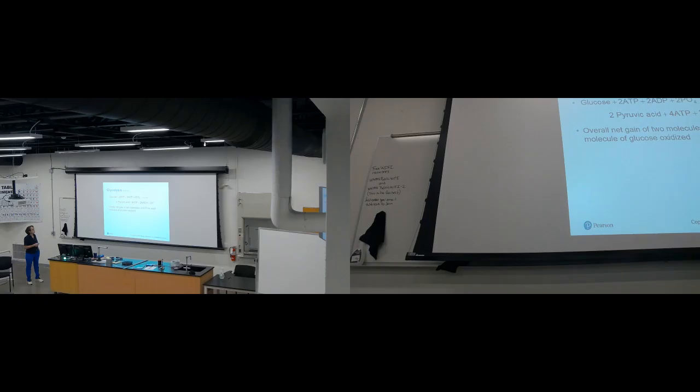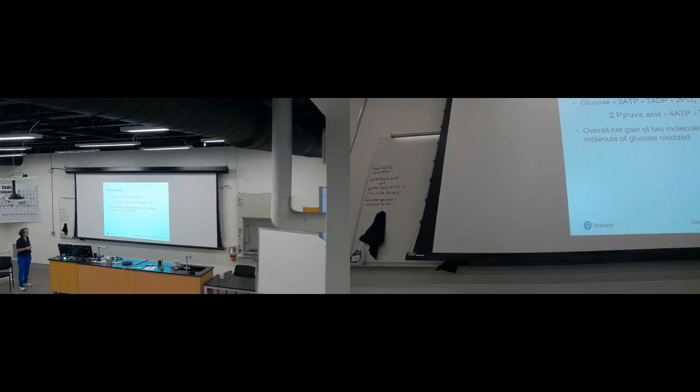So in glycolysis, you have 2 ATPs that are spent, and then you generate 4. So you end up with a net gain of 2 ATPs. And then you have the pyruvic acids as the end product, but you have as well NADH and hydrogen.